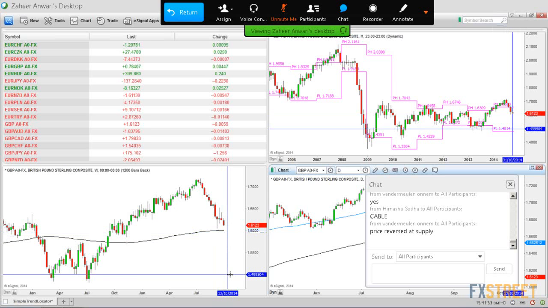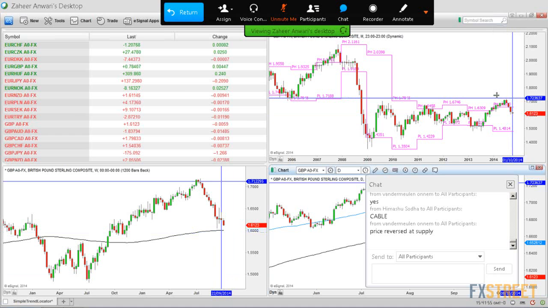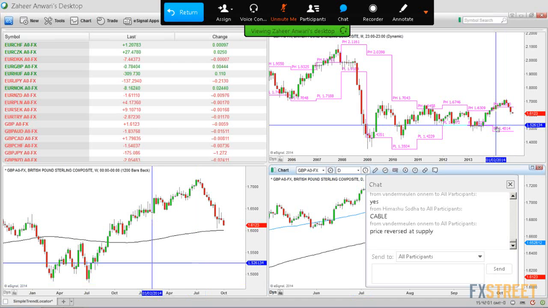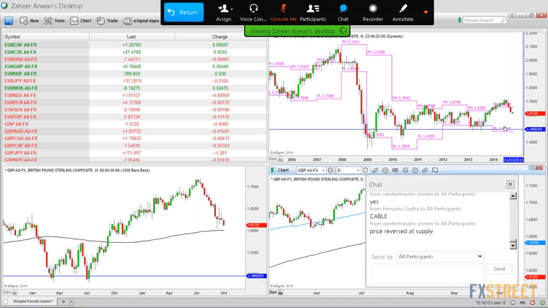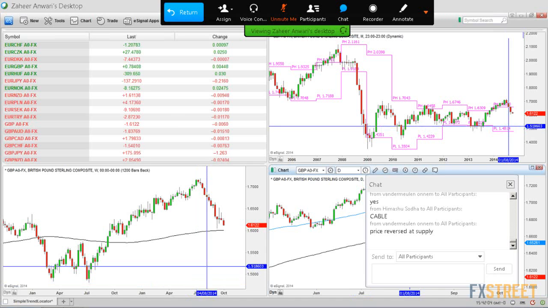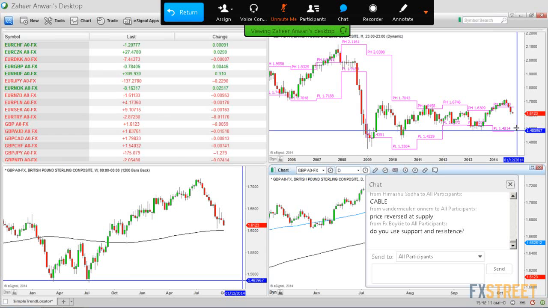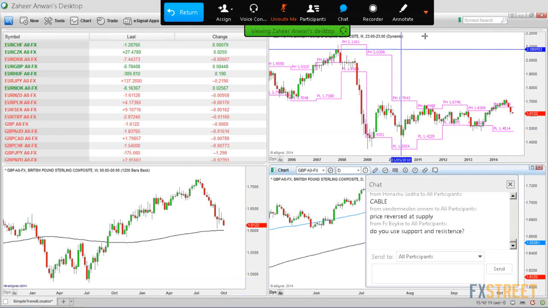The target will be around 1.5, which is the low of 2013 and the low of 2012. So we've got a cluster with the figure 1.5. So there's a whole cluster support zone around here. So we have got space to move, but we need to make sure that we lock in good profits and our targets are well placed before this support level.